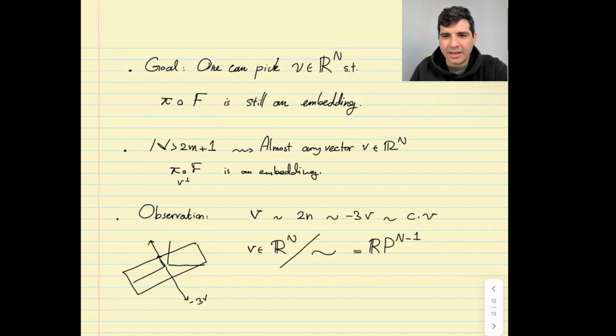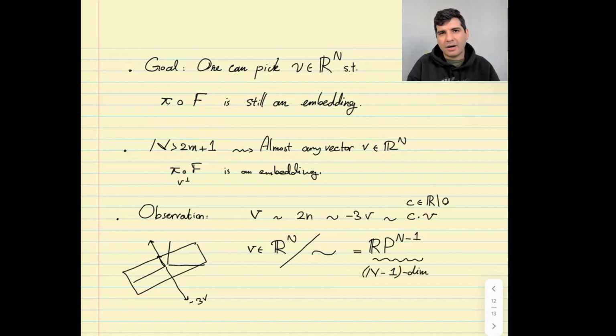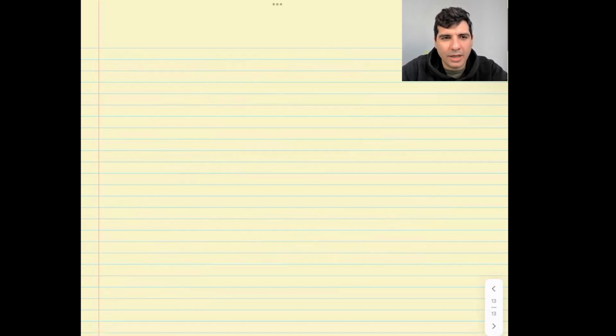It's essentially because we have Rn, and we kill one dimension by saying v and 2v and 3v are all the same. So we denote the class that v belongs to with this bracket [v] inside RP^(n-1).